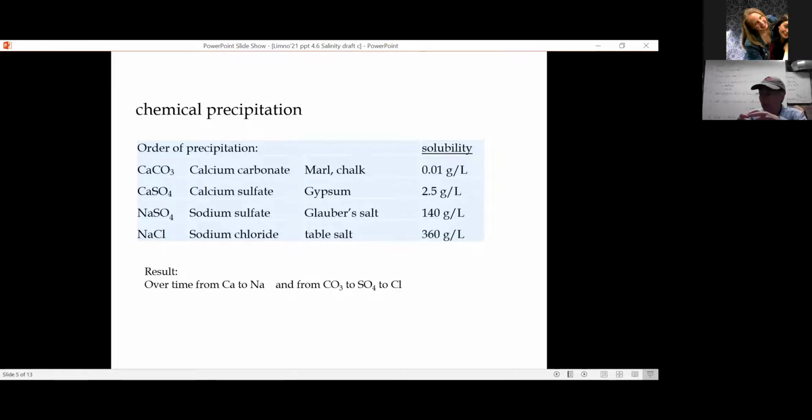If you have a lake where there's more evaporation or equal evaporation to the inflow, there might not be any water flowing out of the lake at all. We call that a closed basin lake. If you have a lake that gradually becomes more and more concentrated over time, the first thing that's going to happen is calcium and carbonate are going to precipitate out together.